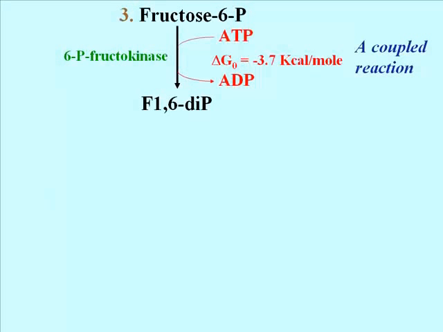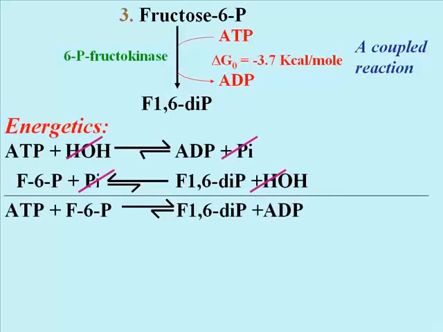This exergonic reaction is catalyzed by the enzyme phosphofructokinase, which couples the phosphorylation of fructose 6-phosphate to ATP hydrolysis. Here's the energetics breakdown for the reaction. Once again, the phosphorylation of fructose 6-phosphate can be seen as the sum of two reactions, as shown.